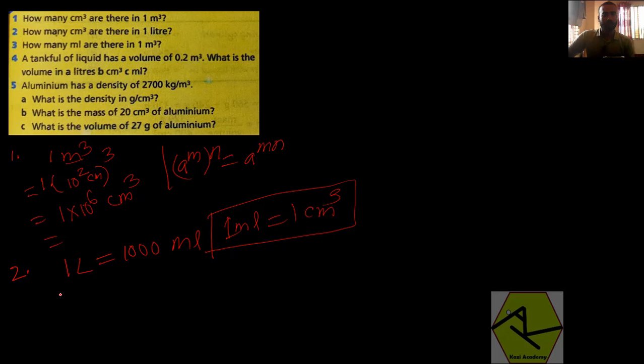So actually 10 to the power 6 cubic centimeter are there in 1 cubic meter. That is the answer. Number 2, how many cubic centimeter are there in 1 liter? We know 1 liter equals 1000 milliliter, and we know 1 milliliter means 1 cubic centimeter. So 1000 milliliter means 1000 cubic centimeter.